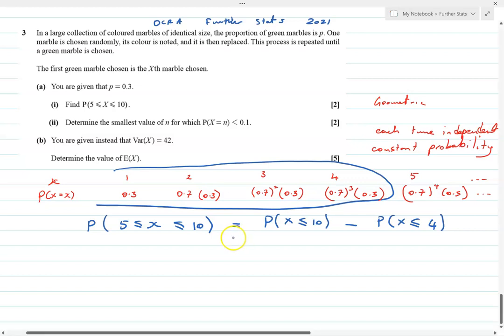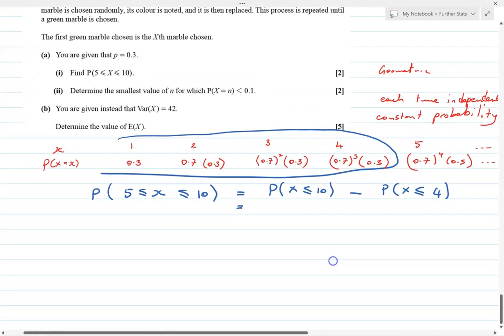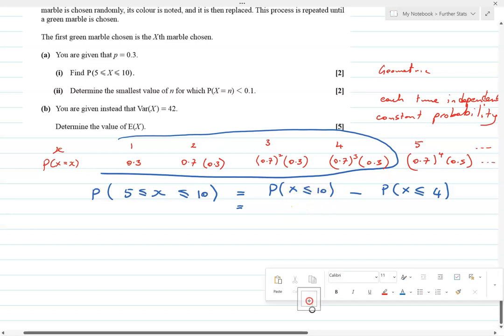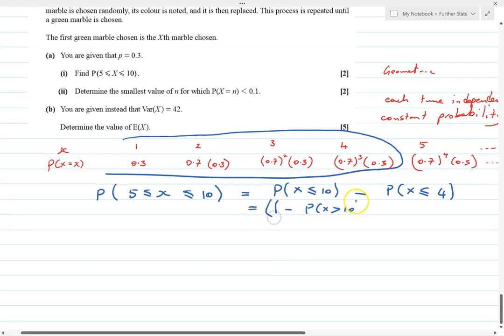Now, there's a useful way of working with these kinds of questions. We could, if we wanted to, add up the 6 probabilities in question, which I'll probably do in a second just to demonstrate how it works. But probably the quickest way is to appreciate that the probability of x less than or equal to 10 is 1 minus the probability that x is greater than 10, because either it's greater than 10 or it's less than or equal to 10.